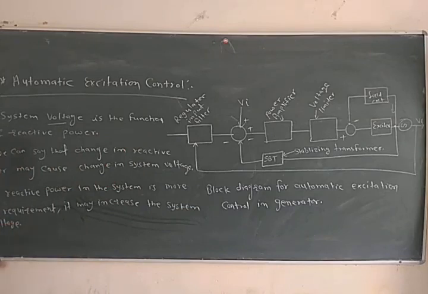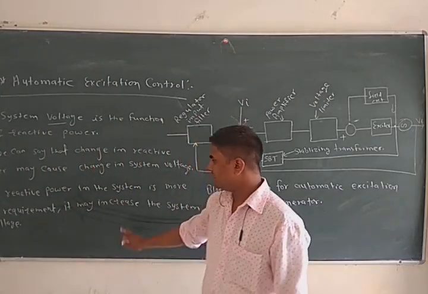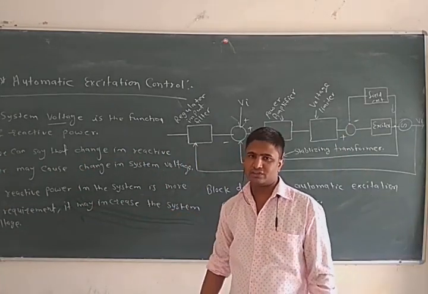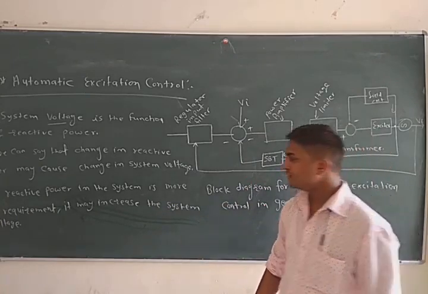Means if reactive power in our system is more than requirement, then this excess of reactive power may cause an increase in the system voltage.